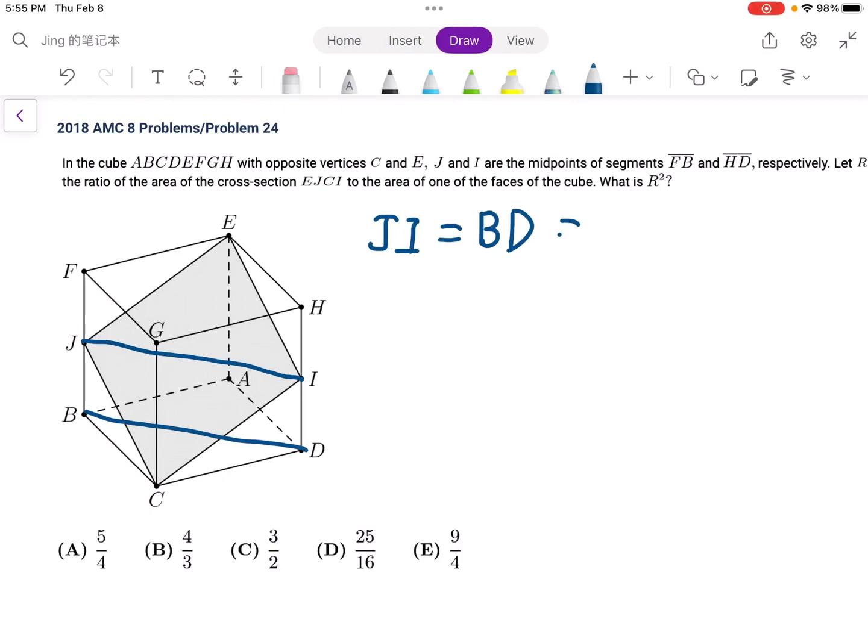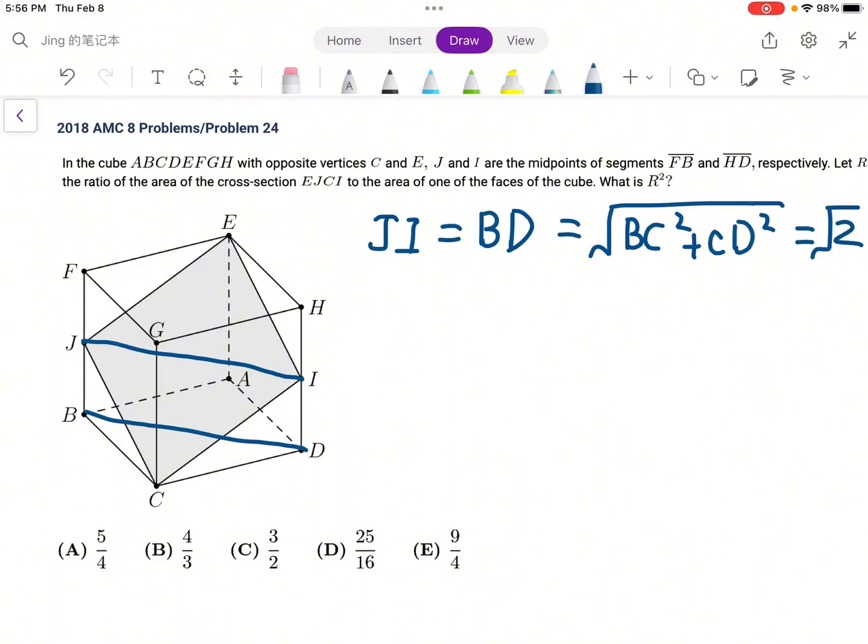And it equals the square root of BC square plus CD square. That equals the square root of 2.